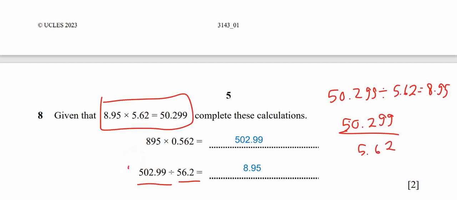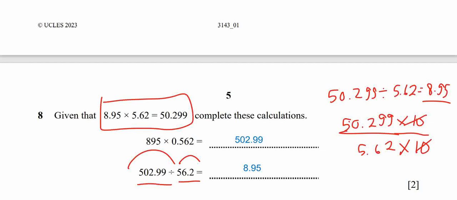Now to get 502, of course we have to times by 10, and to get 56.2, we have to times by 10. So it actually cancels out each other, so the answer will be the same as 8.95. That's how I got the answer.